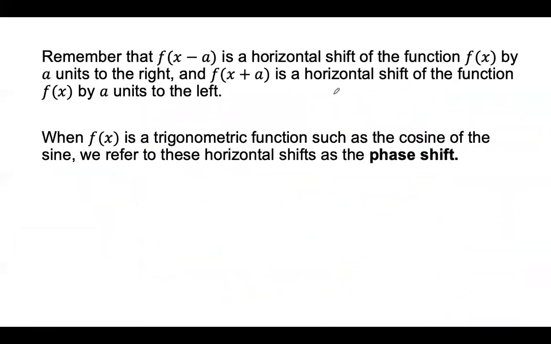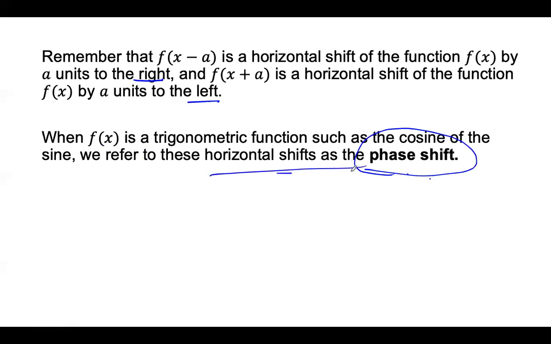Now we remember horizontal shifts: f of x minus a is a shift of a units to the right, and f of x plus a is a shift of the function a units to the left. When we're talking about trig, cosines and sines, we refer to these horizontal shifts as the phase shift.